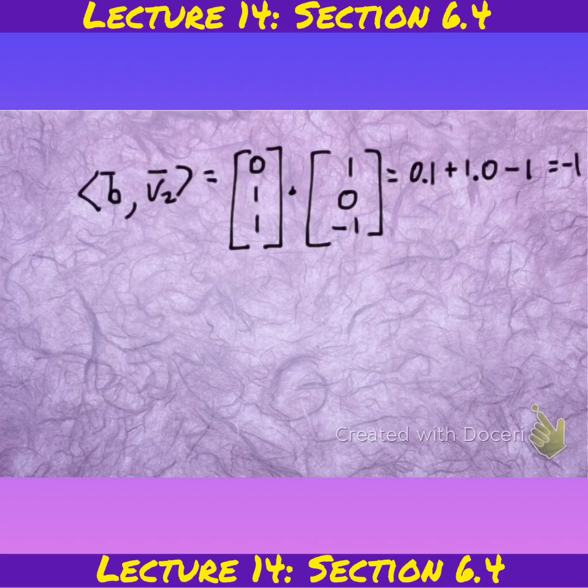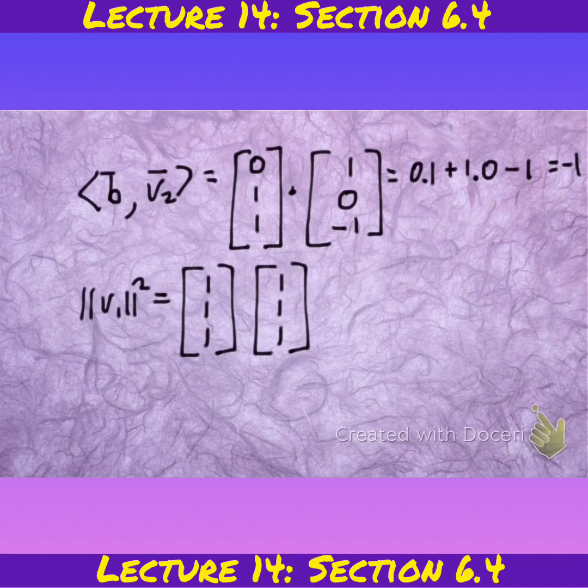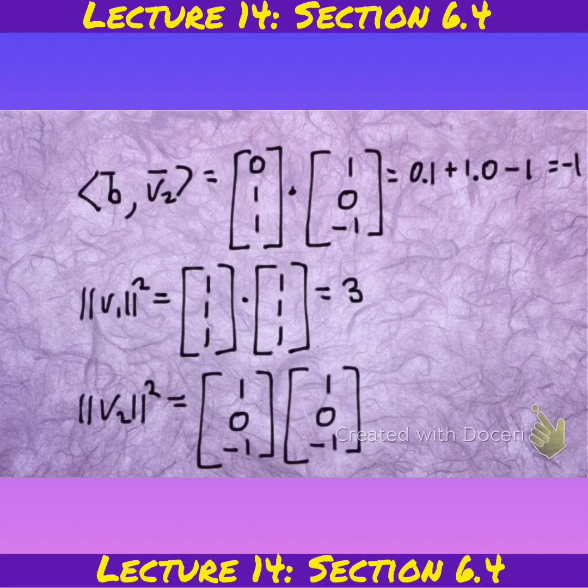Right, so then the norm of V1 squared is pretty much going to be the dot product of V1 with itself. And then the norm of V2 squared is going to be the dot product of V2 with itself. So that is going to be 1 plus 1, which is going to be 2.